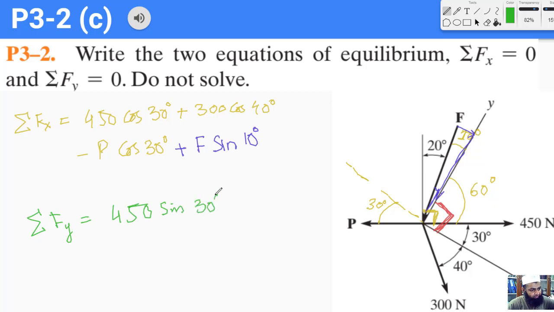This force is in the negative y direction, so this is minus 300 sine of 40 degrees. This is also in the negative direction, which means minus P sine of 30 degrees. And the last force also has a negative component, which means minus F cos of 10 degrees.